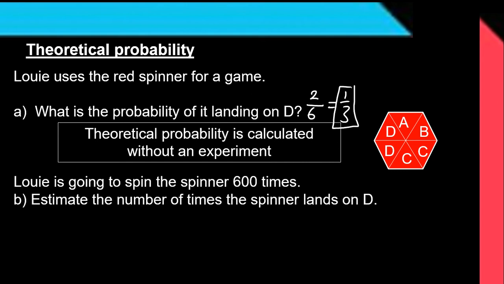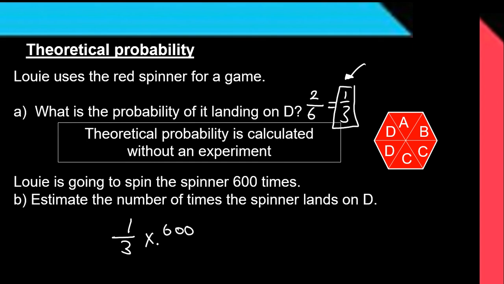So if Louis decides to spin the red spinner 600 times, estimate the number of times the spinner will land on D. So using the theoretical probability, because we'd expect it to land a third, I would just do a third multiplied by 600.